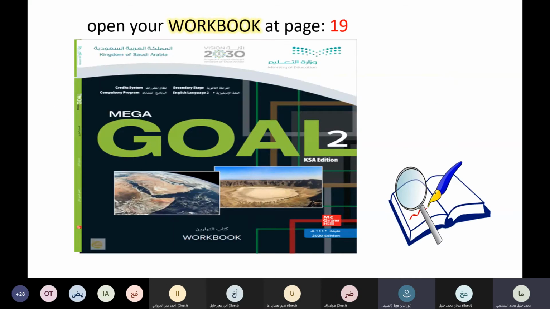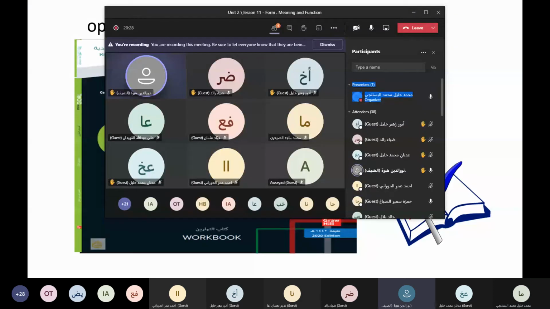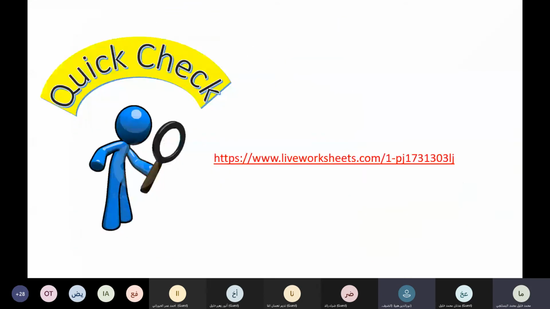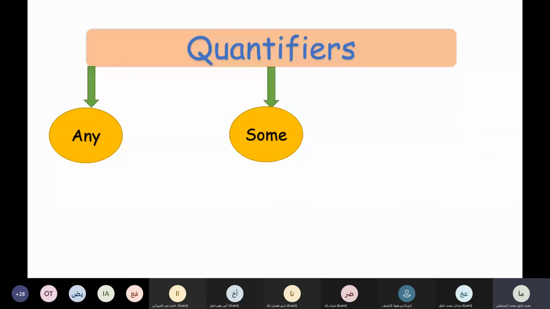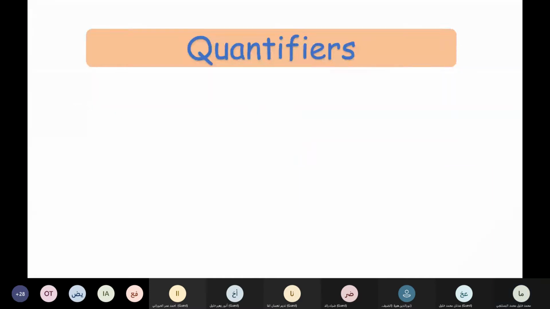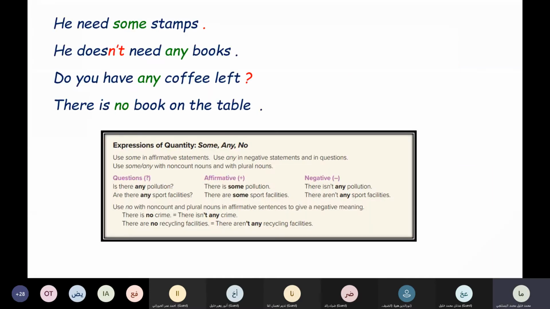Teacher, I have a question. Yes. Any in negative is the same as no? Yes. We can write both. Look here. Any is used with what? With questions and negatives. The negative must have any.